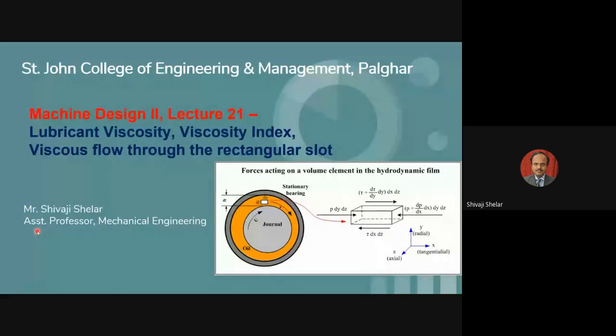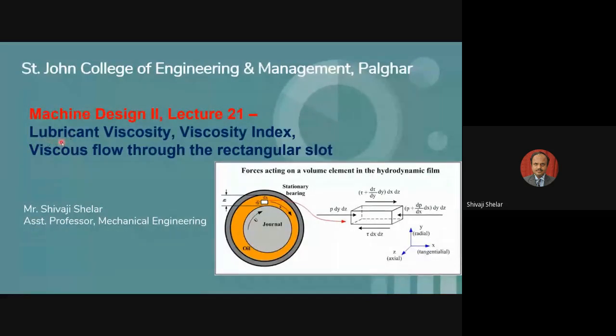We are not going to learn everything in detail, but we are going to review the important aspects of fluid mechanics which are useful from the perspective of bearing.